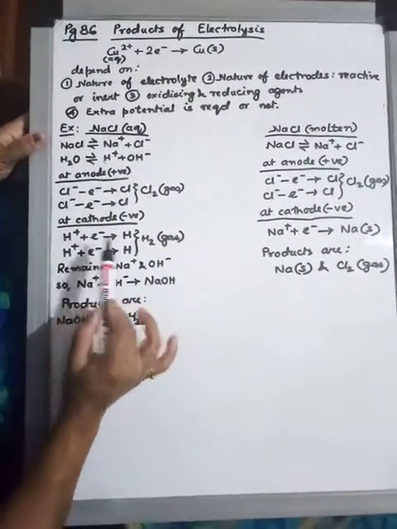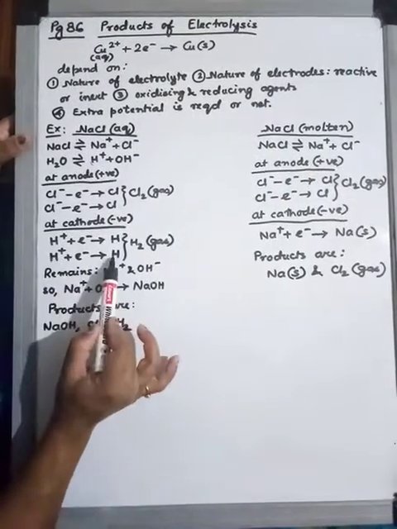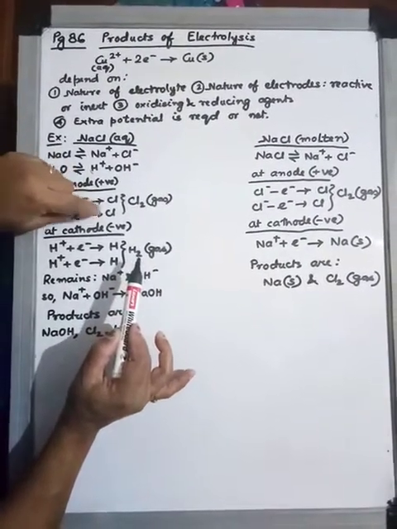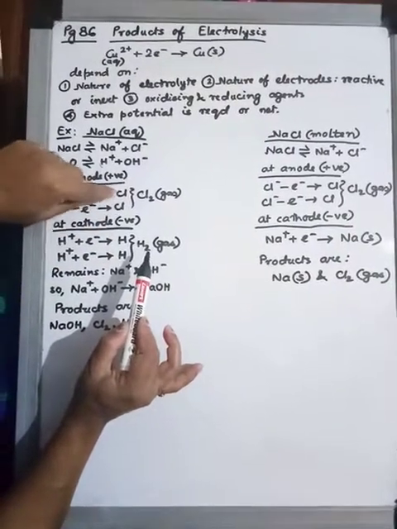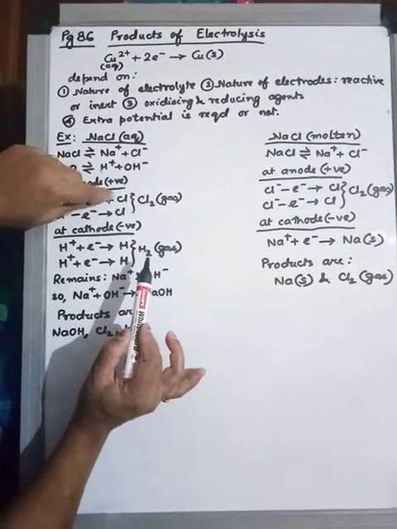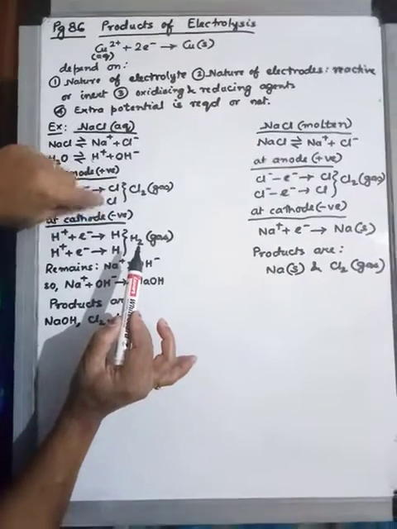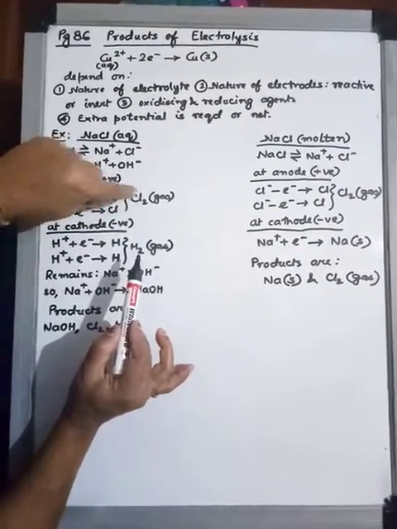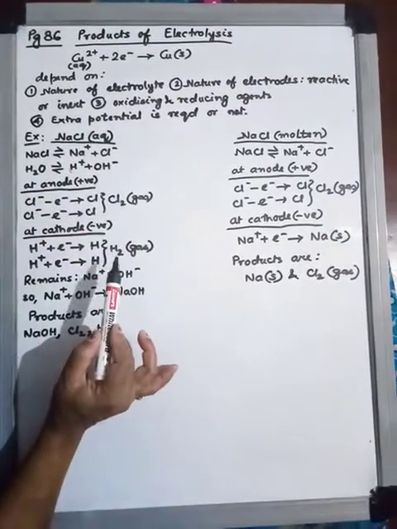So H+ will give you H, another H+ will give you H. So these two will combine to give you H2. Why are they forming in twos? Because chlorine cannot exist as atomic chlorine. It exists as a gas. So that's why you require two to form chlorine, two to form hydrogen.